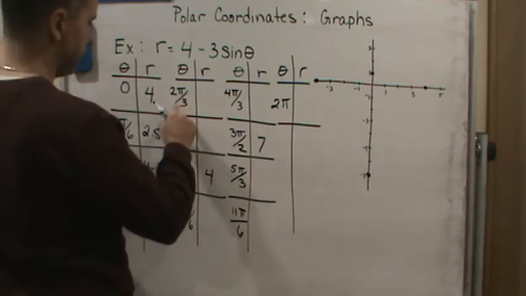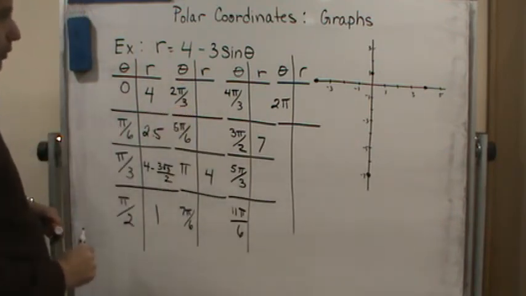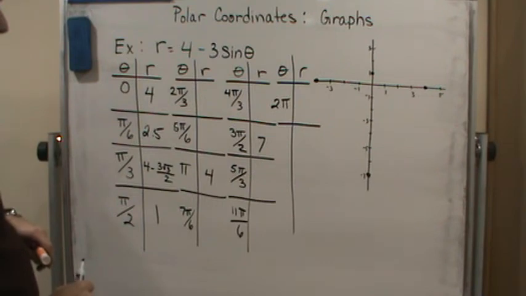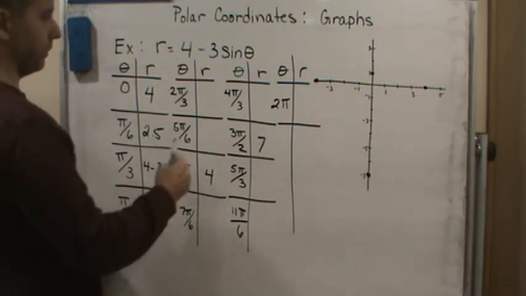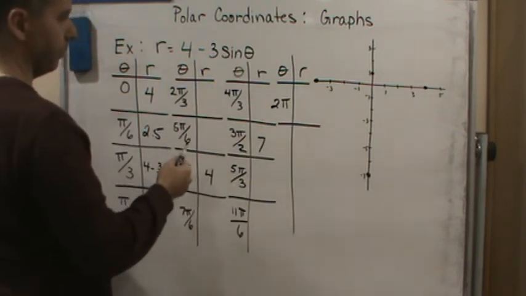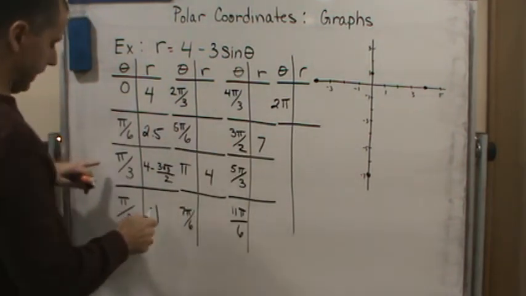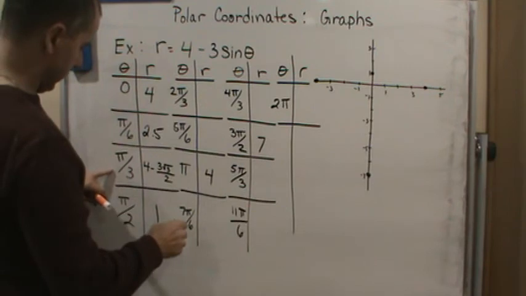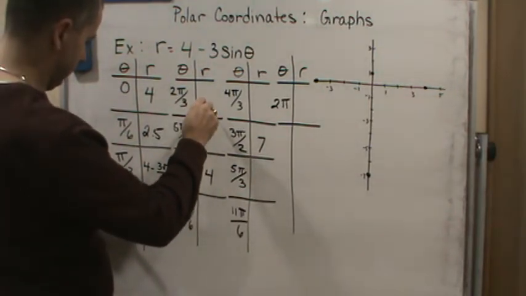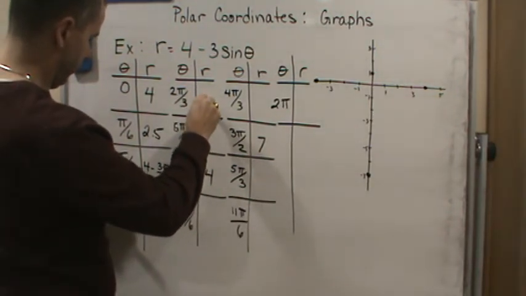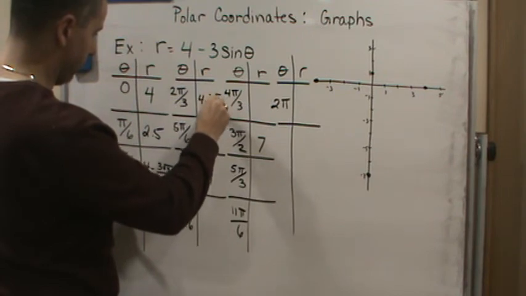And then at 2 pi over 3, right? So 2 pi over 3 is again 60 degrees, but it's positive, so we're going to get the same thing. So we're going to get 4 minus 3 square root 3 over 2.